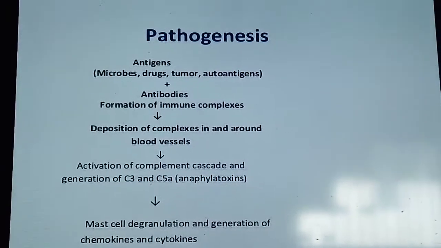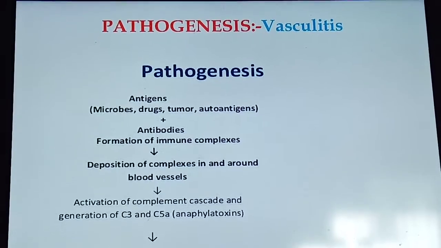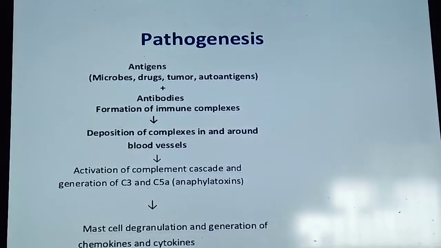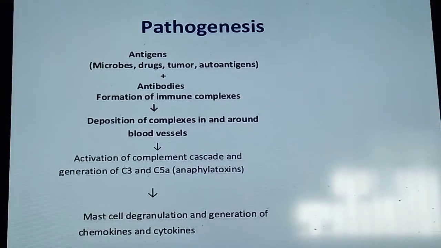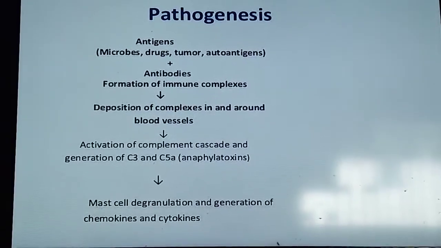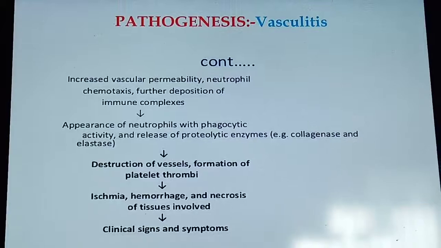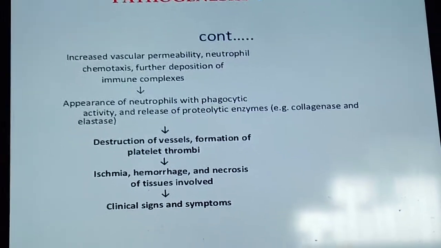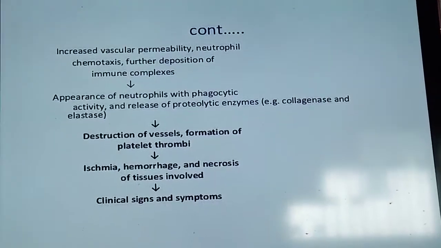The immune complex leads to activation of the complement cascade and generation of C3a and C5a, the anaphylatoxins. There is mast cell degranulation and generation of chemokines and cytokines, and these lead to increased vascular permeability, neutrophil chemotaxis, and further deposition of immune complexes.